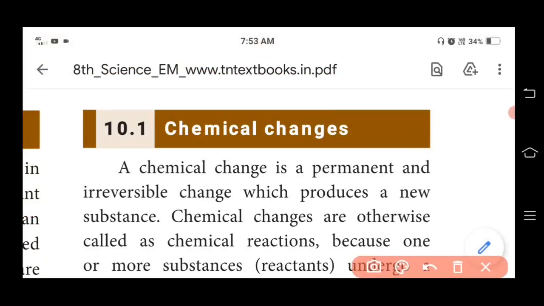A chemical change is permanent and irreversible. Irreversible means we are not able to alter it, and it produces a new substance.